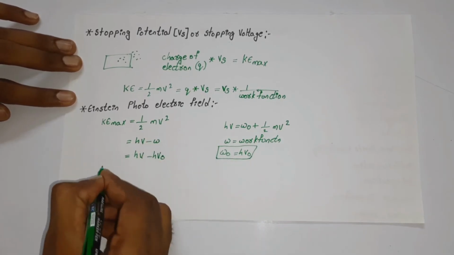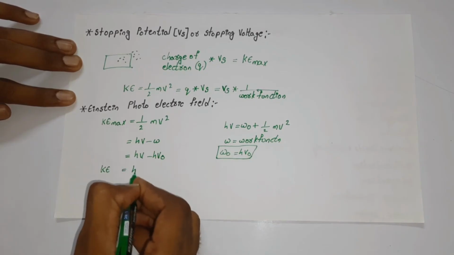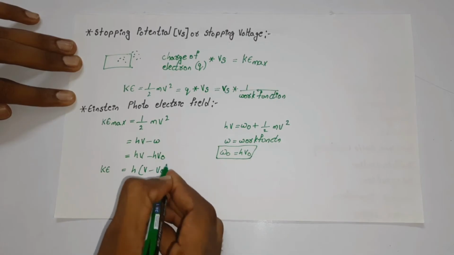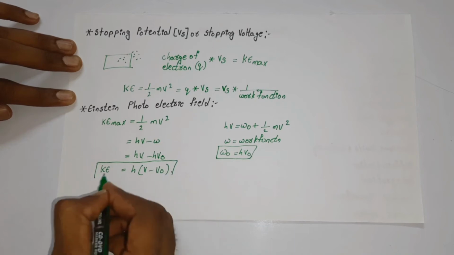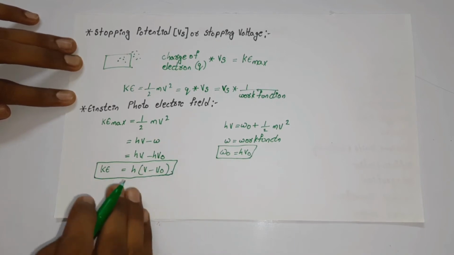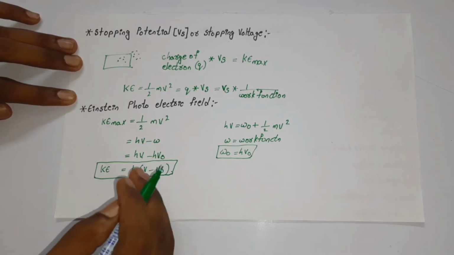From this we can say that the maximum kinetic energy will be equal to h into v minus v naught. So this is the formula that determines the Einstein photoelectric equation, where the kinetic energy is equal to h into v minus v naught.